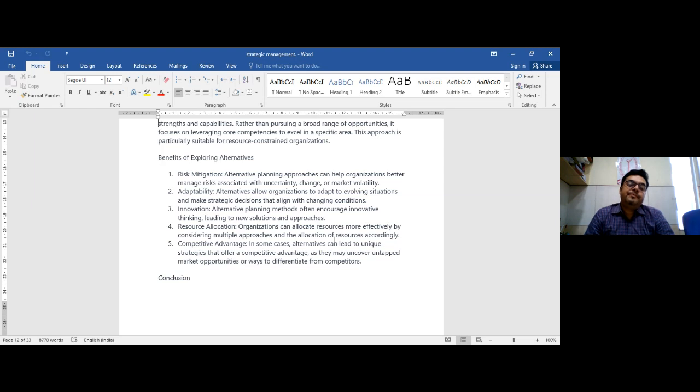Number four is resource allocation, which includes how organizations can allocate resources more effectively by considering the multiple approaches and the allocation of resources in the same manner accordingly.